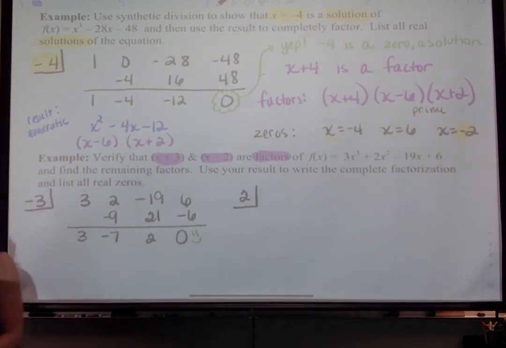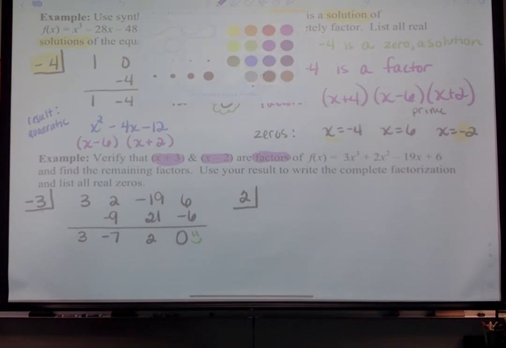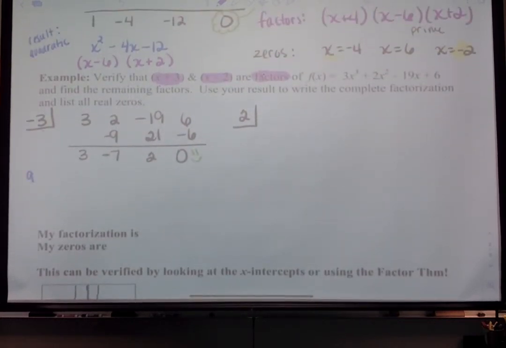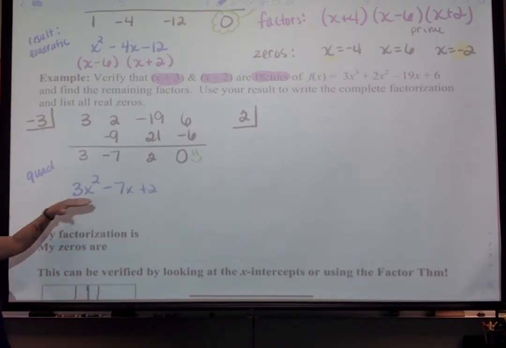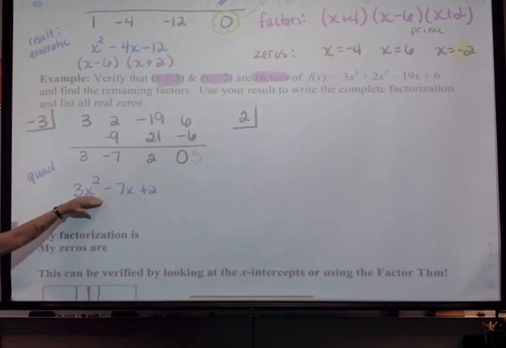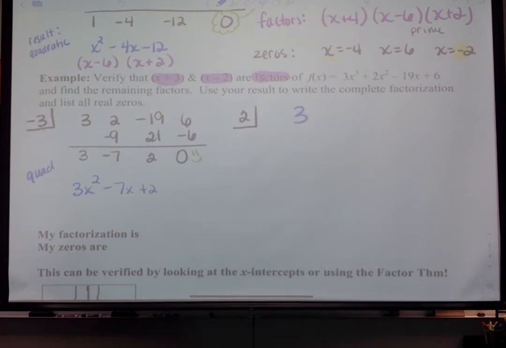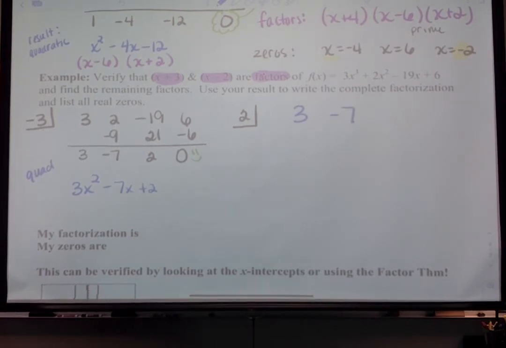So let's take this quadratic, (3x squared minus 7x plus 2). Let's take this quadratic and use it with my 2. 3, negative 7, and 2.